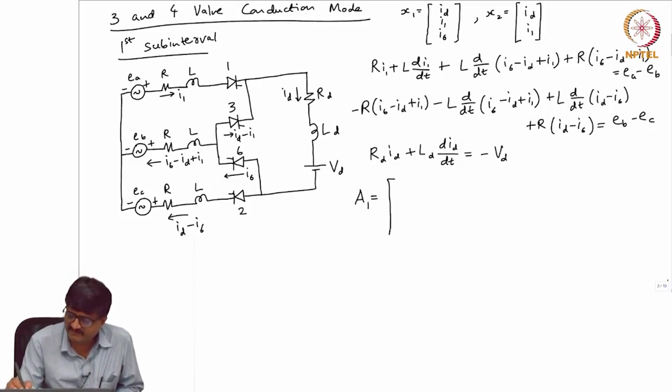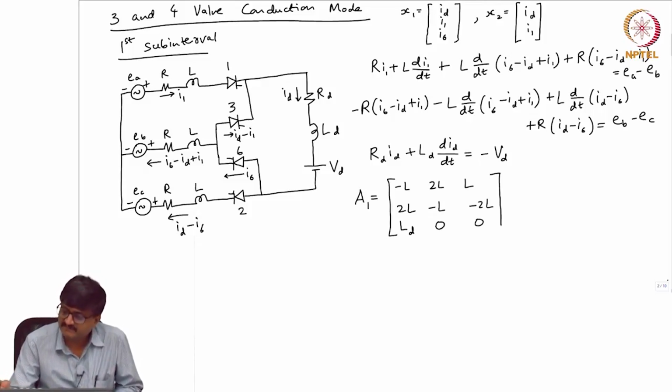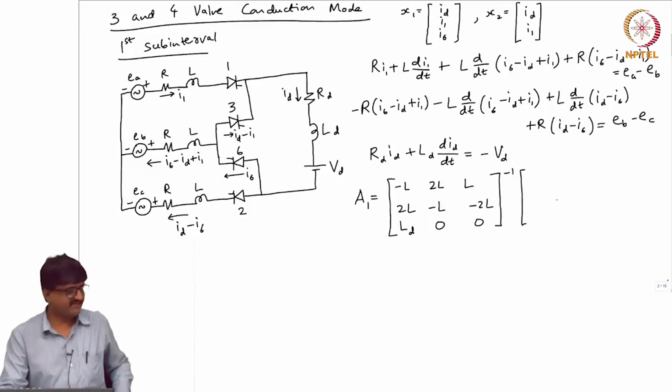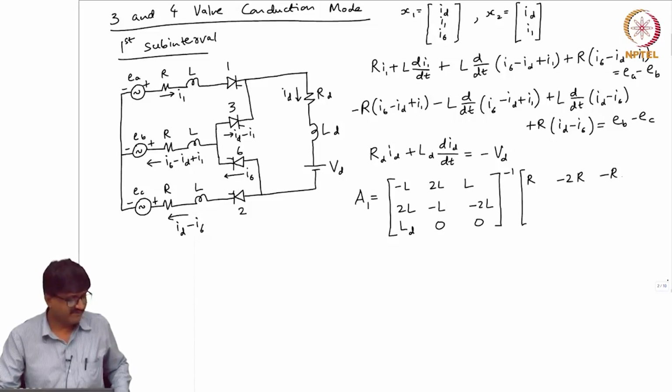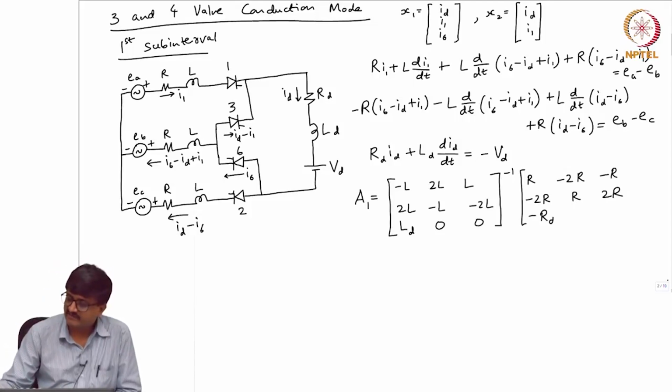verify that A1 is the inverse of the matrix [minus L, 2L, L; 2L, minus L, minus 2L; LD, 0, 0] into a 3 by 3 matrix [R, minus 2R, minus R; minus 2R, R, 2R; minus RD, 0, 0].